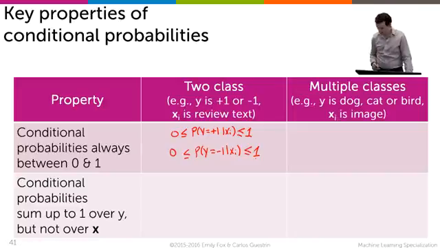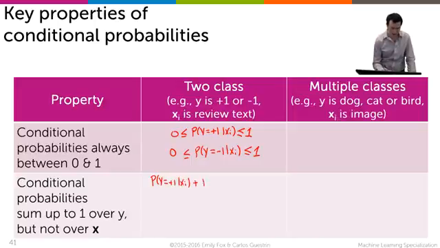Now, interestingly and importantly, the conditional probabilities add up to 1 over y, over the left side of the conditional. So the probability that y is equal to plus 1 given xi, if I add it with the probability that y is equal to minus 1 given xi, that adds up to 1.